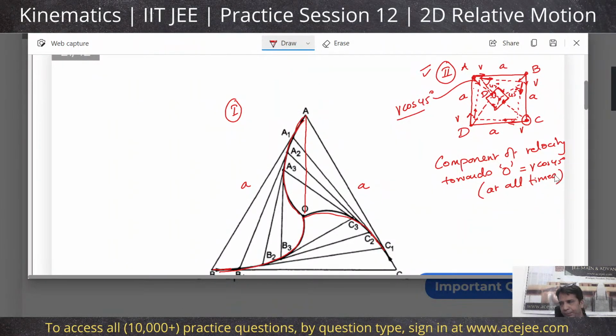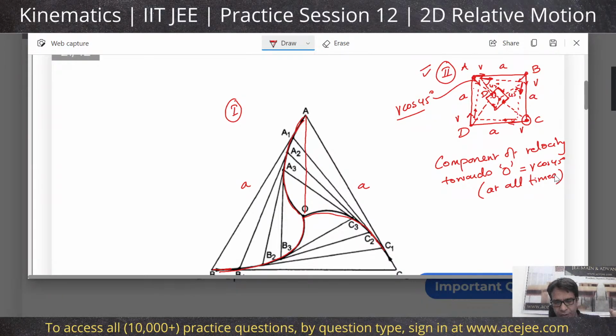Right? So what does that mean? That every second these particles are inching towards O. How much distance are they covering in 1 second? V cos 45. Correct, no? In every 1 second, they are covering a distance V cos 45 towards O. Yes?